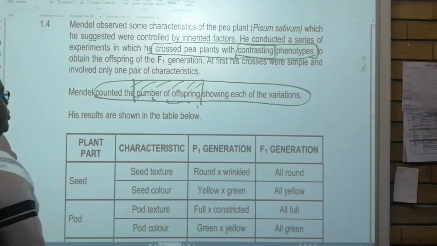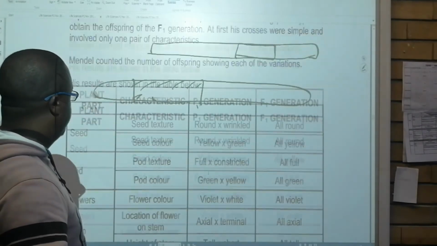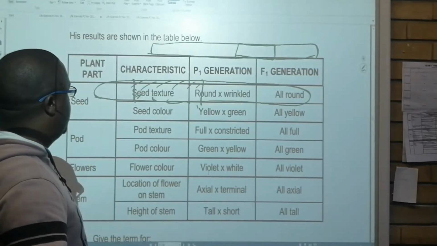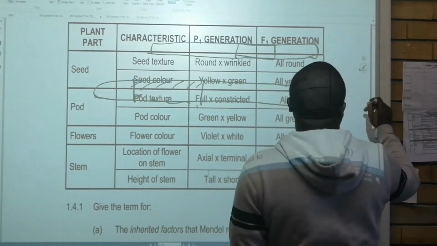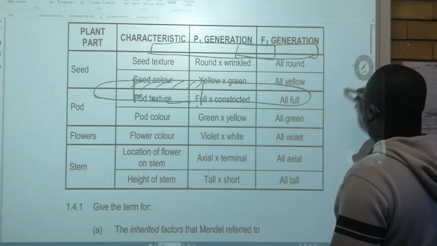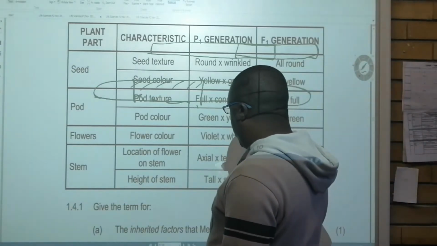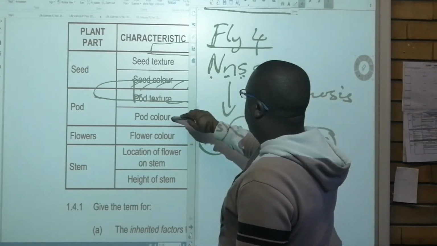That's what he was counting. And these results are shown in the table below. There they are. So what did he do? Can you see that he actually did a monohybrid process?